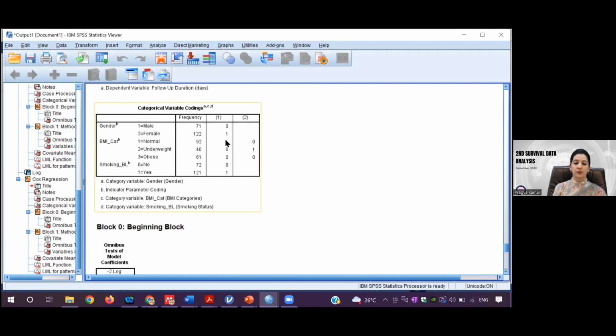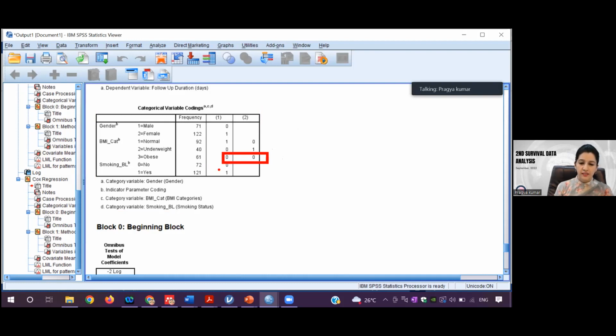Again, you can see the coding, it is 1 for normal and it has taken 0 for obese. So if you see 0 in obese, that means it has taken obese as the reference, and it will give you the hazard ratio for normal and overweight. Yes, you are right, Paramita. Wherever 0 is there, that means it is the reference.